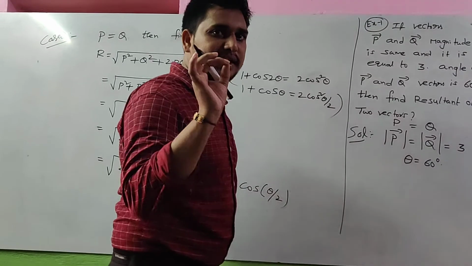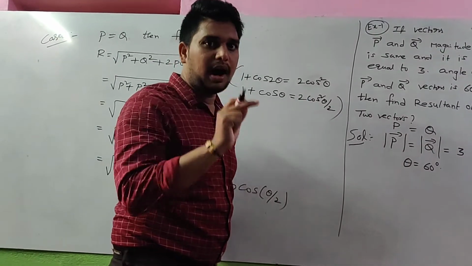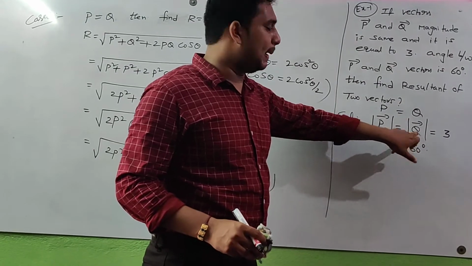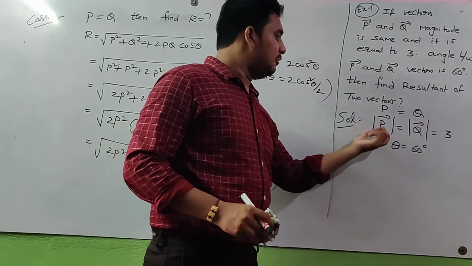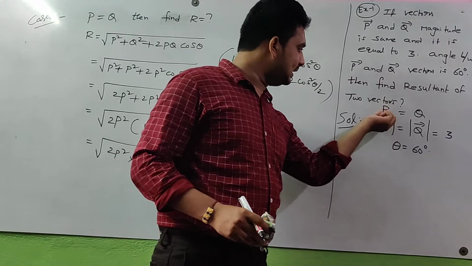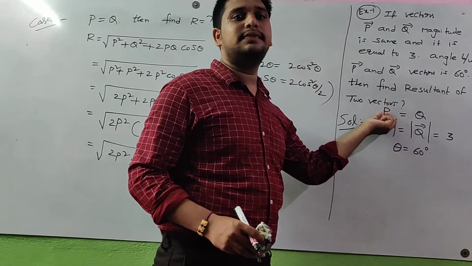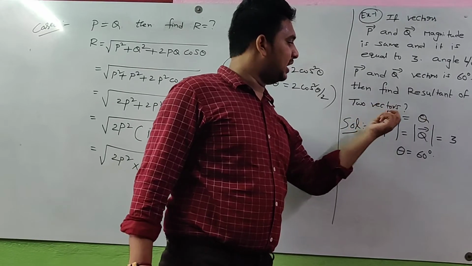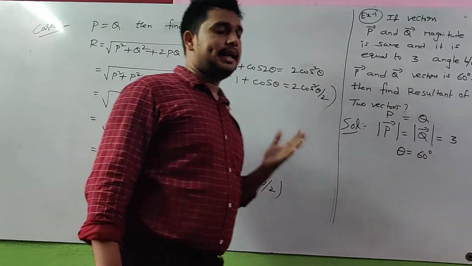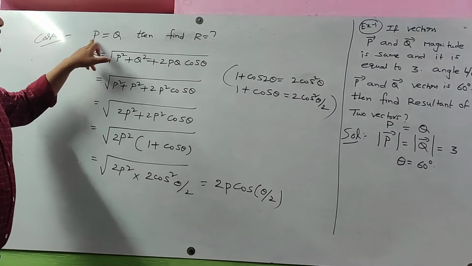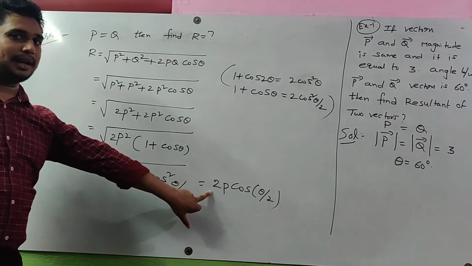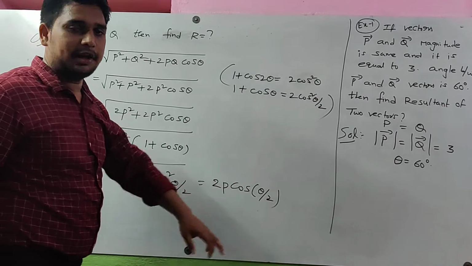A vector is represented with a bar, so P bar and Q bar are vectors, and the modulus or single P indicates the magnitude. When the magnitude of P is equal to Q, then find R. How to find the R value? Directly apply the 2P cos theta by 2 formula.